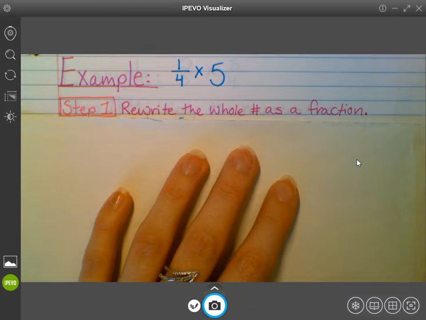Give me a thumbs up when you have step 1 written down. So step 1, rewrite the whole number as a fraction. Thank you for giving me a thumbs up. Awesome.